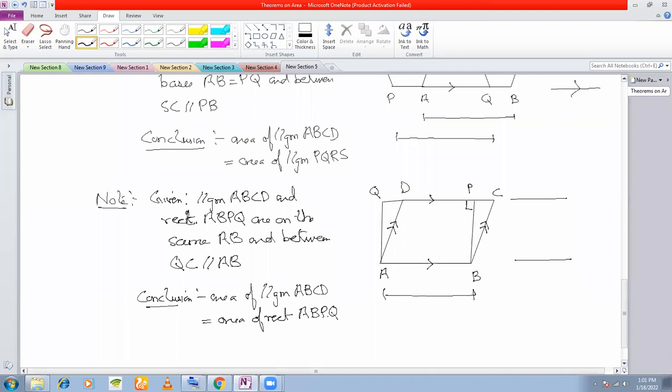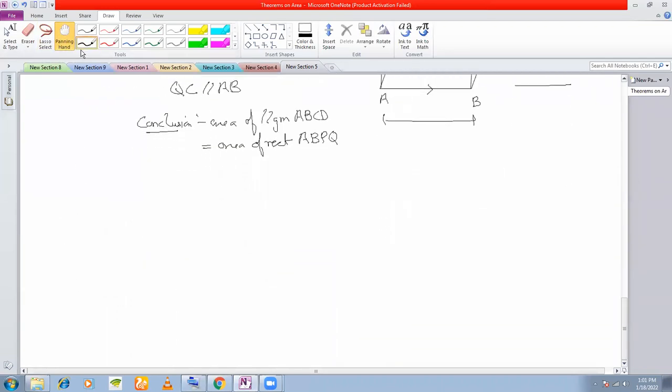Okay, because rectangle is also a special kind of a parallelogram. Okay, so if a square and a rectangle are on the same base and between the same parallel lines, will they have equal area? Yes, sir. Yes, because both are also parallelograms.